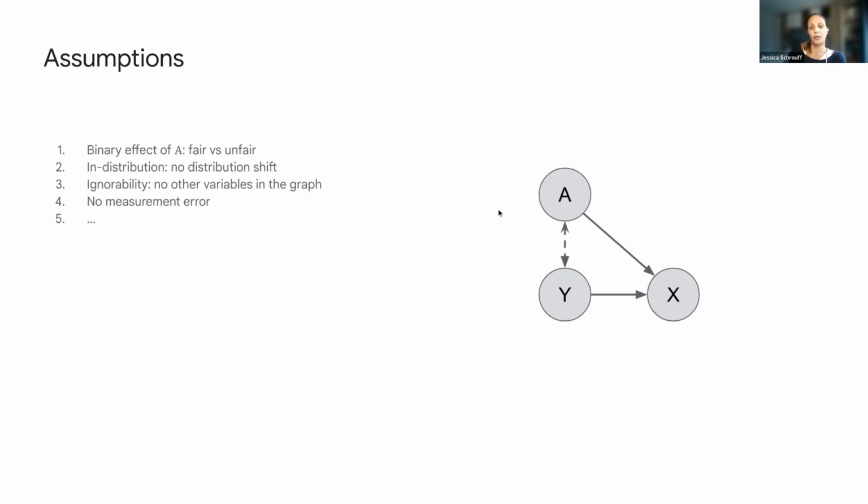You also assume that you can measure your attributes and your labels without systematic errors, etc. So there are quite a few assumptions, which makes it difficult to really operationalize fairness in any meaningful way. Here we're going to focus on the first two assumptions, and I'll show some work that takes steps towards going into more detail and moving beyond those assumptions.